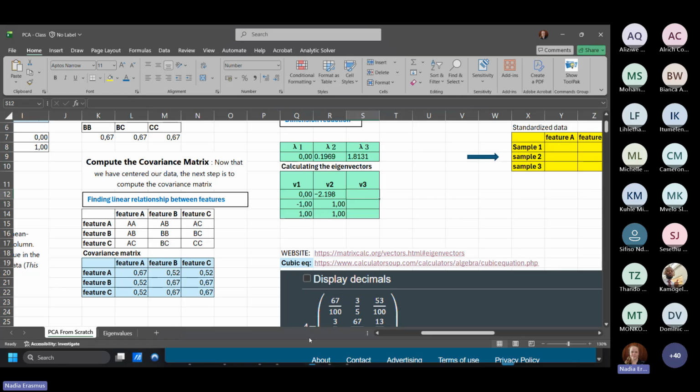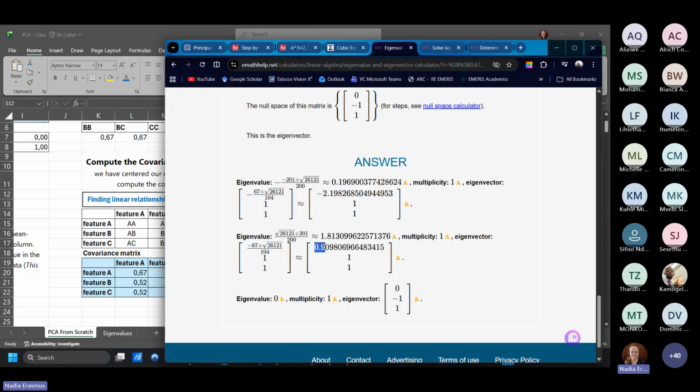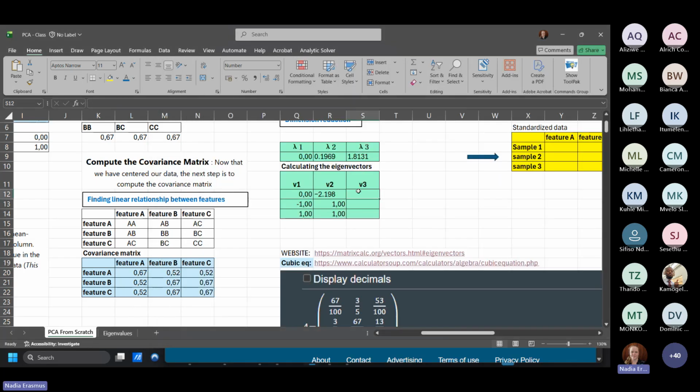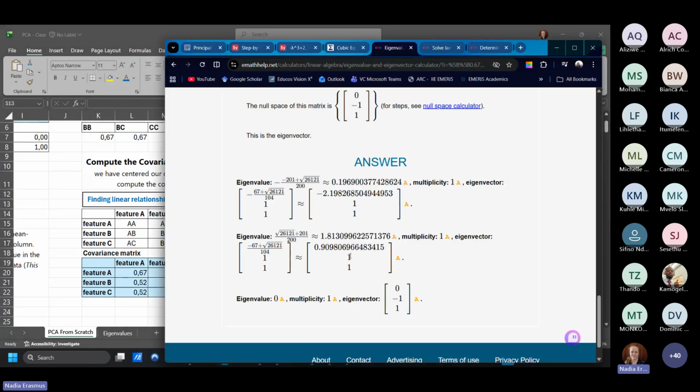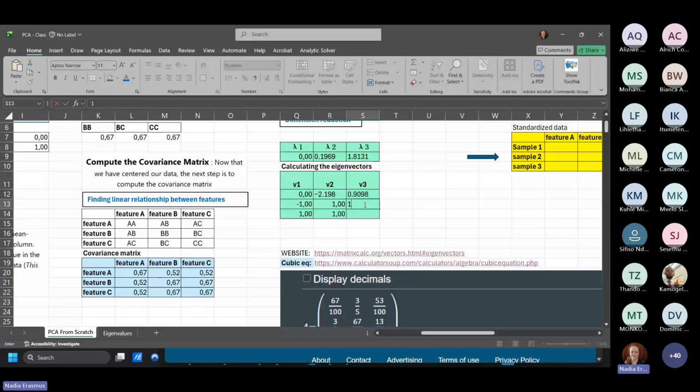Your vector is 0.9098, and then the rest of the values are 1 and 1, 1 and 1.